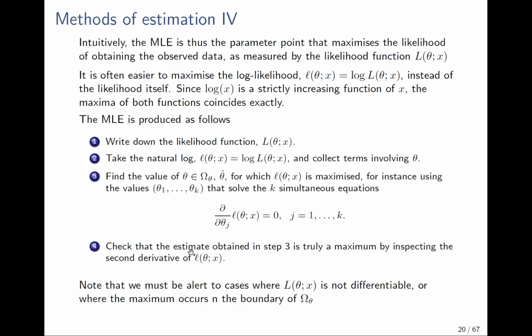And then we check that the estimate obtained in step 3 is truly a maximum and not a minimum or some other point by inspecting the second derivative of the log likelihood function. We have to be alert to cases where the likelihood is not differentiable or when the maximum occurs on the boundary of the parameter space, but otherwise that is the general procedure we use for maximum likelihood estimation.